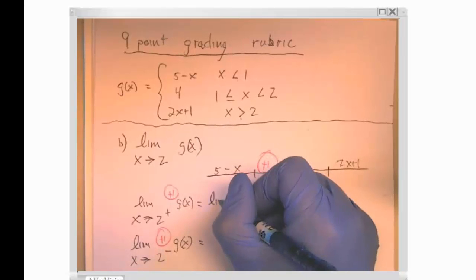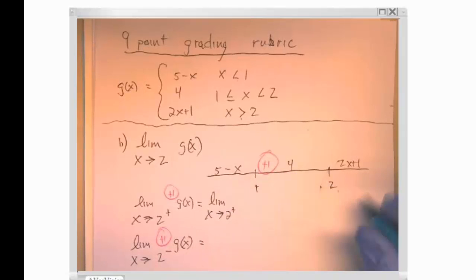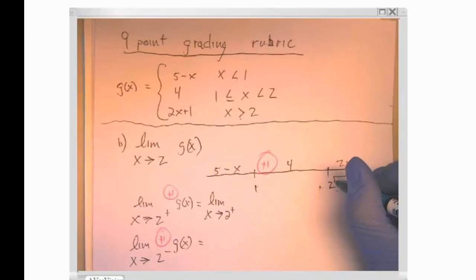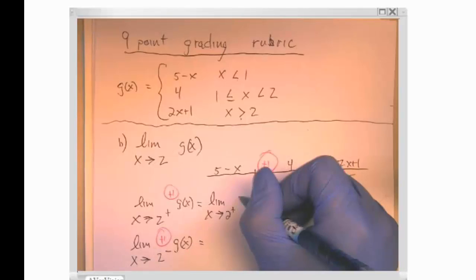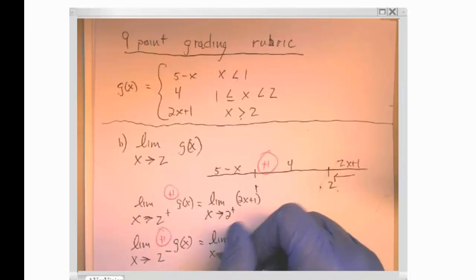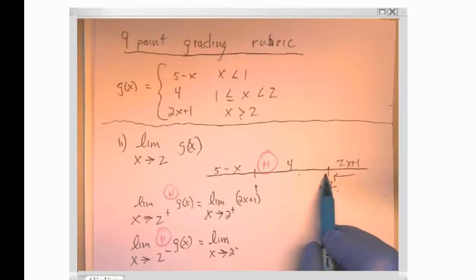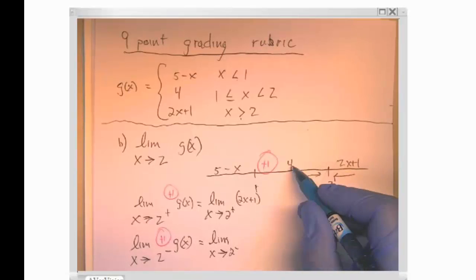Now, our next 2 points come from replacing g of x with the appropriate function. So approaching 2 from the right, we would be using 2x plus 1. Again, we've got to maintain the limit notation here. If you don't write in the limit notation, you won't earn those points.